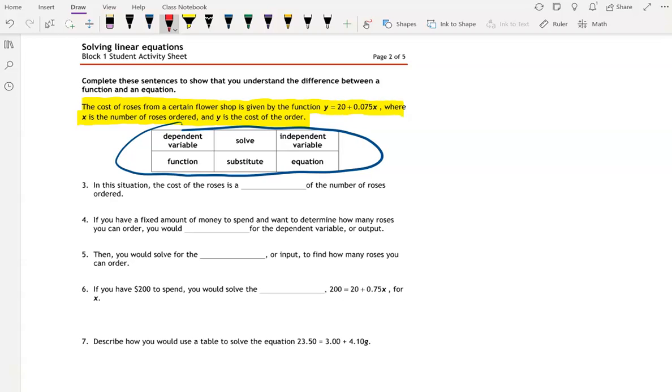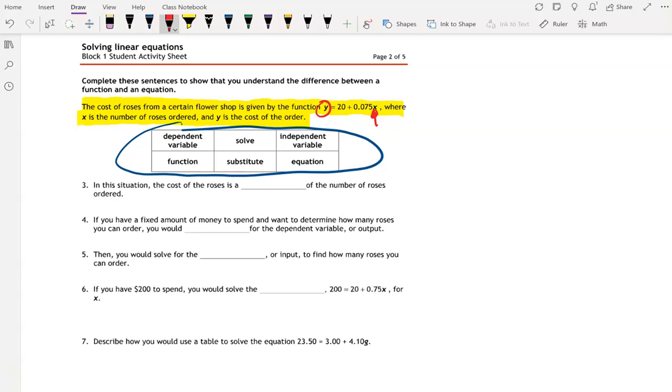As you can see right away, y, our total cost, is the dependent variable, and x, the number of roses we order, is the independent variable. So however many roses you order will affect the total cost of your order.